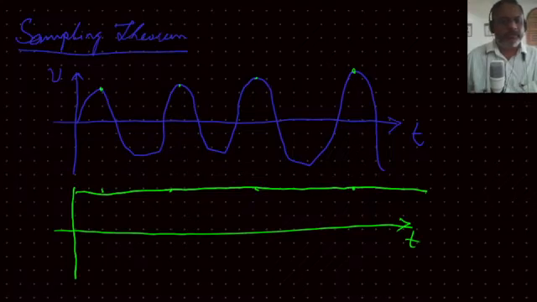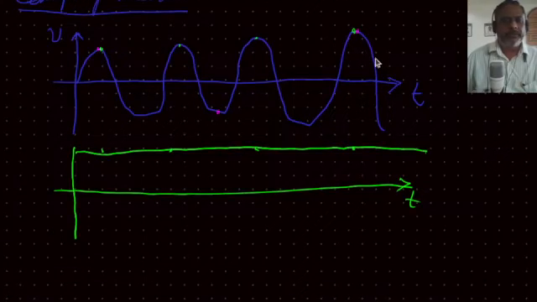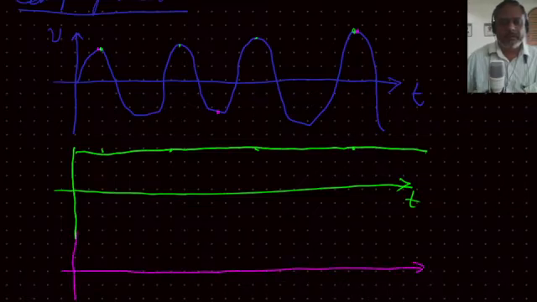So we can't work this way. Can we change our working? We take one sample here, then one here, then one here. If we do that, what we get is this: a sample here, then here, then here.